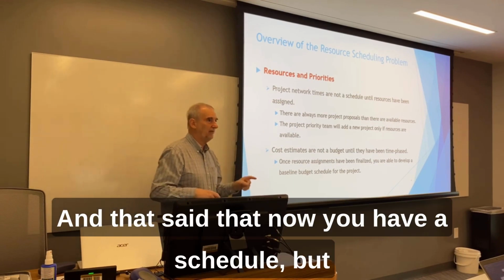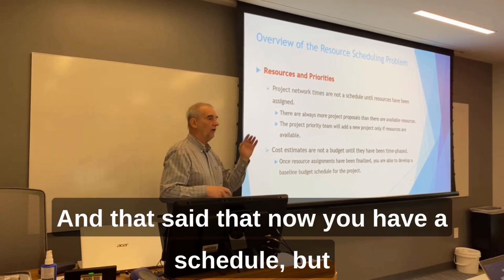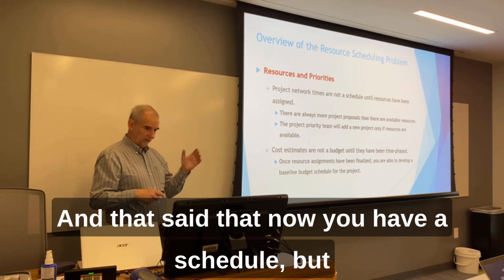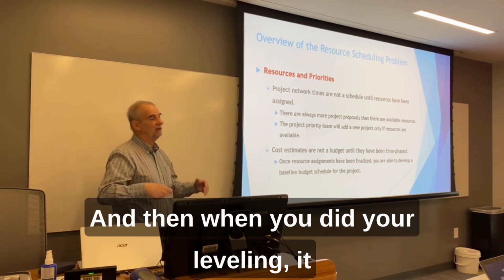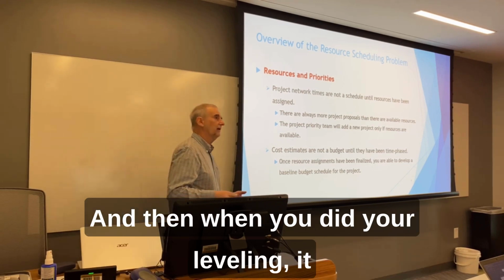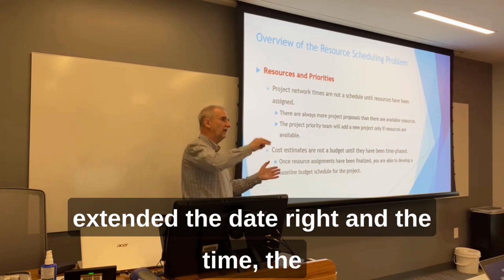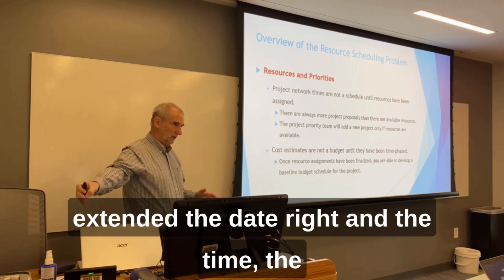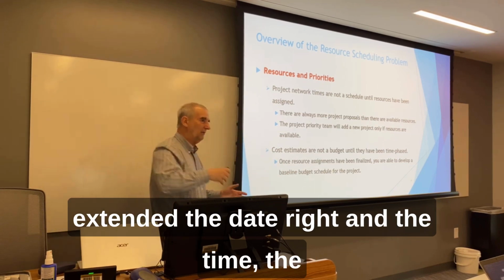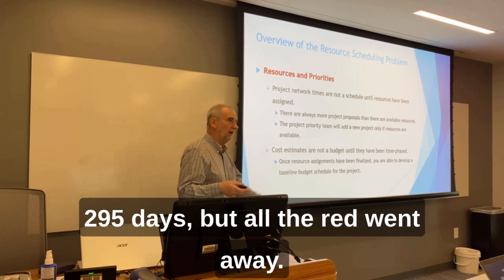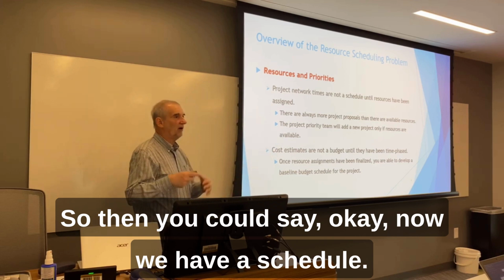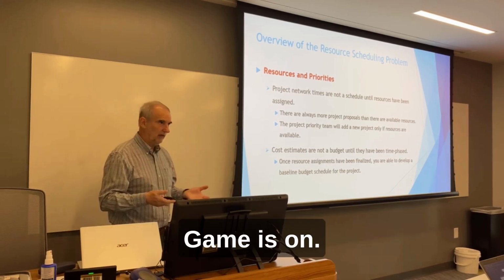That said that now you have a schedule, but you have a problem because you have some resource conflicts. And then when you did your leveling, it extended the date, right? And the time to 295 days, but all the red went away. So then you could say, okay, now we have a schedule. Game is on.